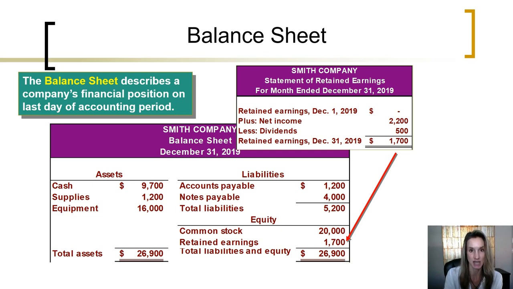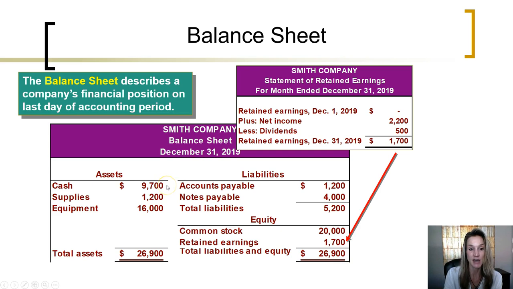The balance sheet date is reflecting the assets, liabilities, and equity on the last day of the accounting period reported. Think of it as a snapshot or a screenshot, one day in time, the financial position of the company.